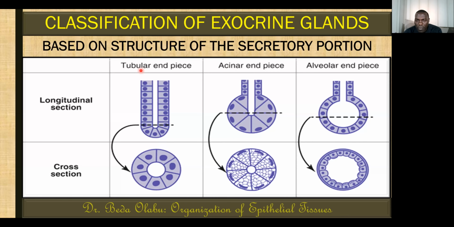Different from tubular, this is acinar. If you look at an acinus in cross-section, it will appear like this on light microscopy. The main difference between this and this is that here, the cells are on the basal side. The lumen is very narrow.